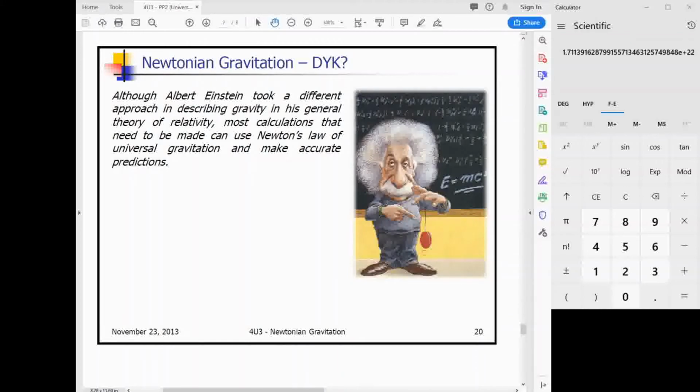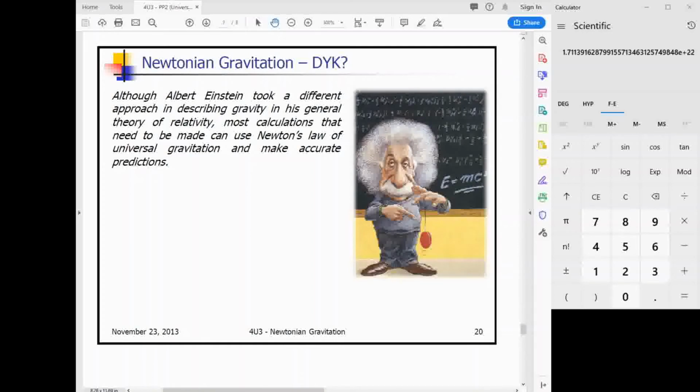Although Albert Einstein took a different approach in describing gravity in his general theory of relativity, most calculations that need to be made can use Newton's law of universal gravitation and make accurate predictions. When we get into relativity, things get a little bit more complicated.